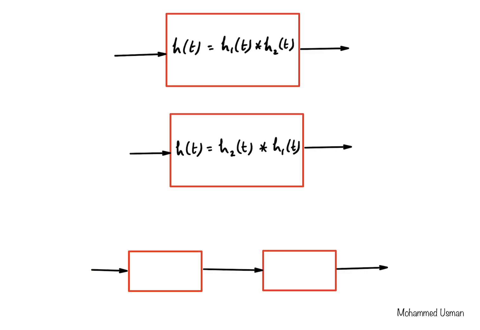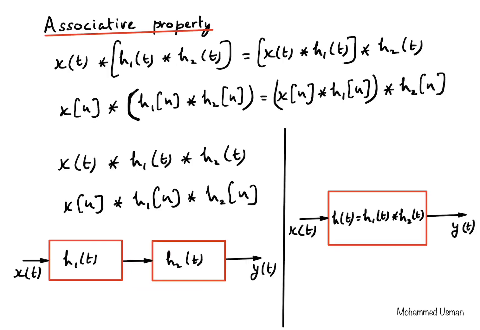So basically, we can have a single system whose impulse response is the convolution of these two individual impulse responses, which we have depicted here. So h of t is a single system whose impulse response is a convolution of the first subsystem's impulse response h1 of t with the second subsystem's impulse response h2 of t, which is in series with it.